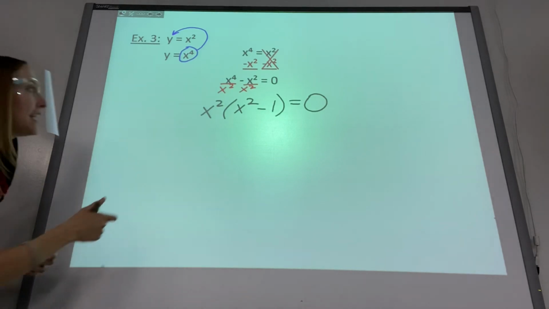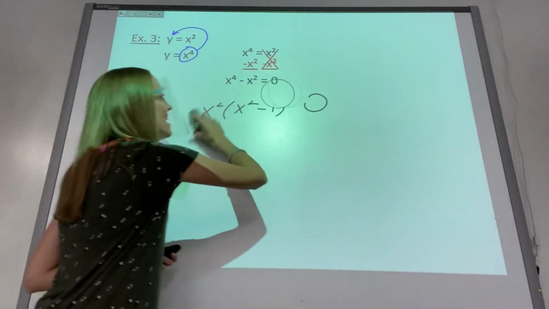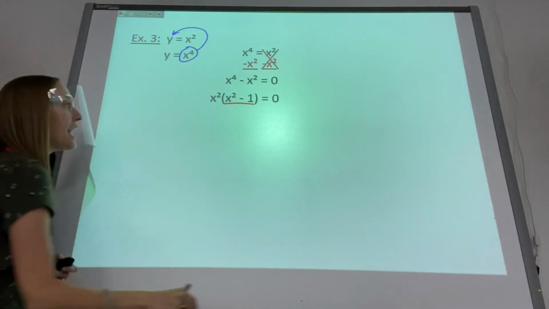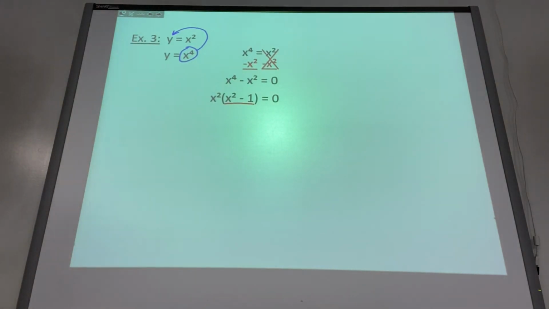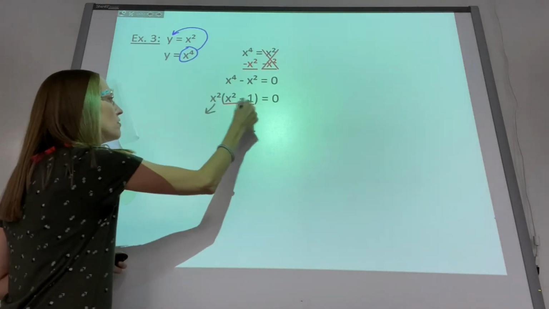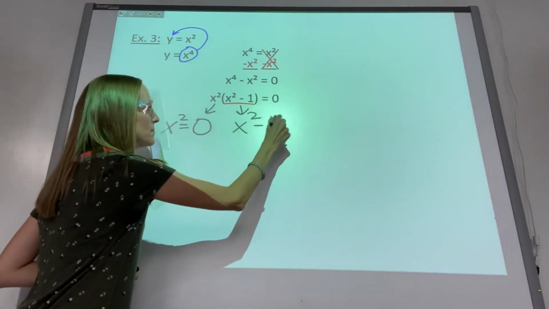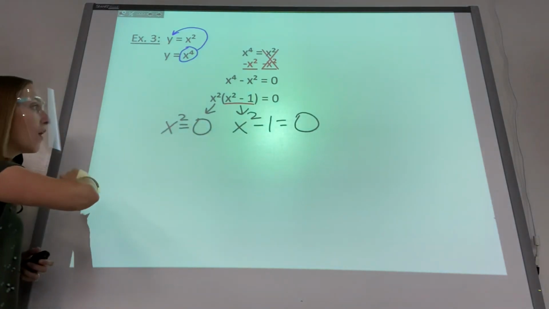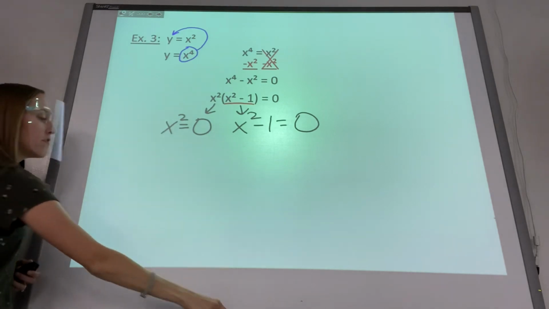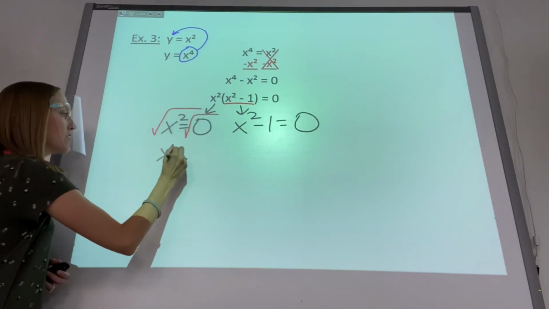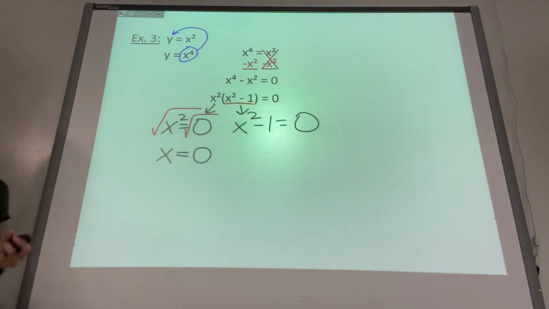Now what I did was I took that part and factored it again using the difference of squares. You don't really have to do that though. If you wanted to separate it right now and solve for x, square root both sides. There's no such thing as plus or minus 0, it's just 0.